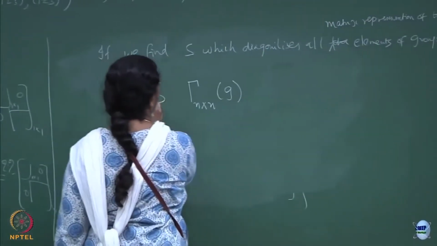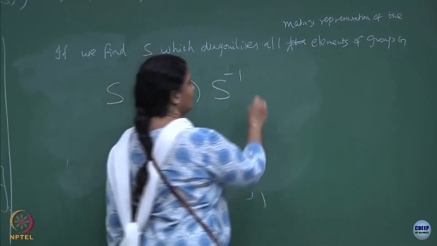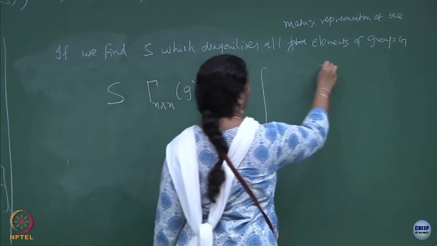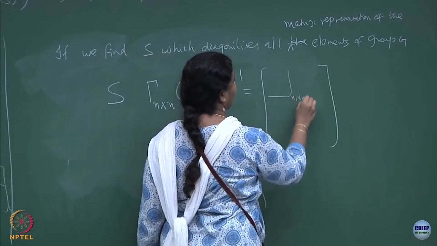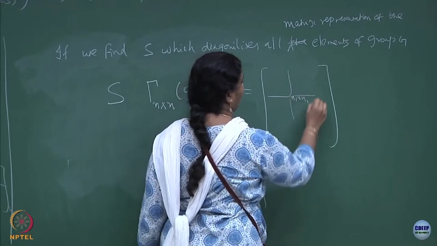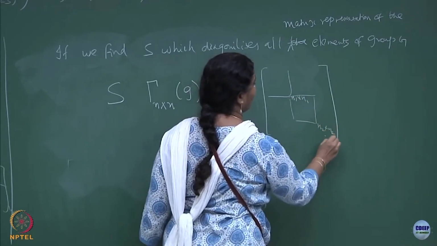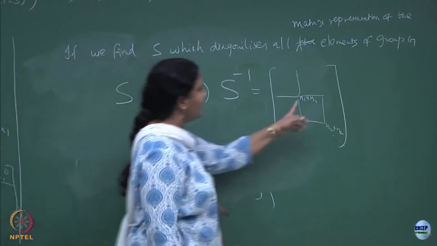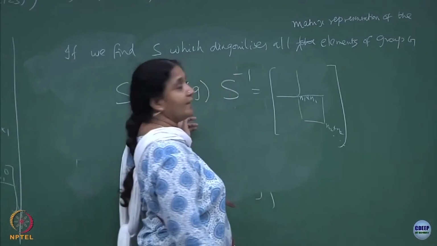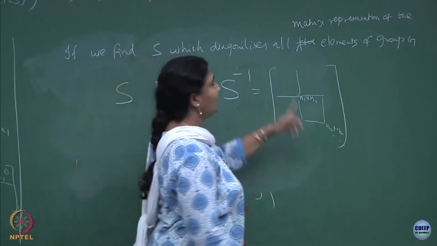Suppose you find S inverse, if you can break this into a piece which is n1 cross n1, n2 cross n2 and so on, such that n1 plus n2 should add up to n, an n cross n matrix for every group element.